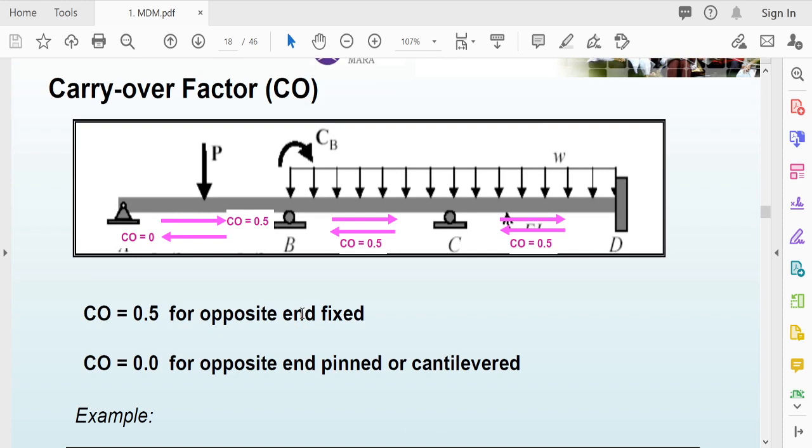For the carryover factor, we don't calculate the factor, but we use the factor. In my previous example, since all ends are fixed, we only consider the case where the carryover factor is equal to 0.5. But for end pin, cantilever and roller, the factor is equal to 0.